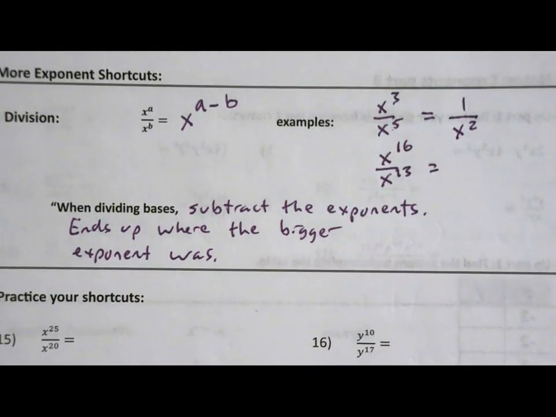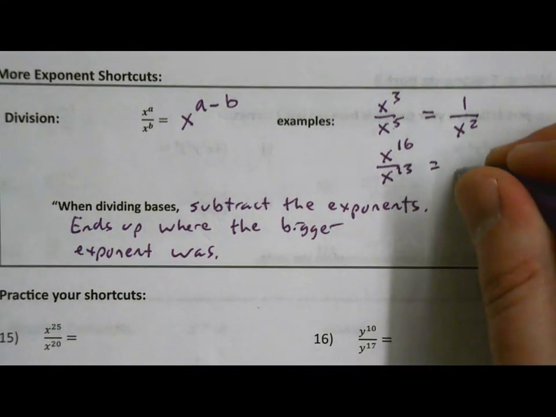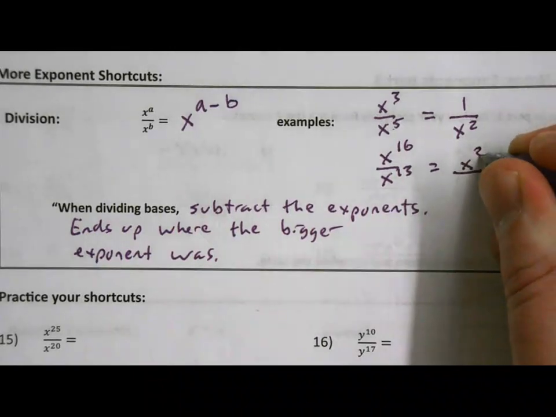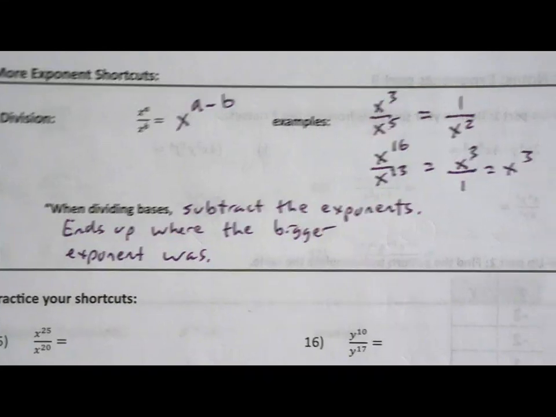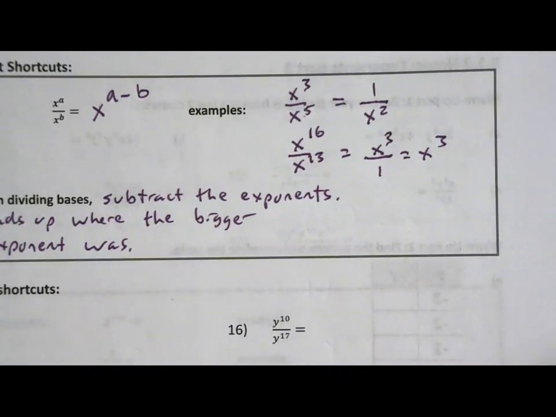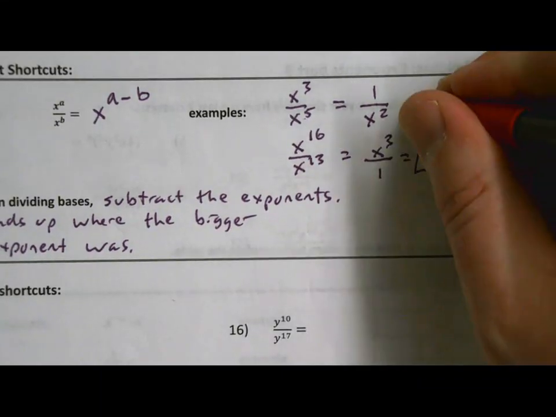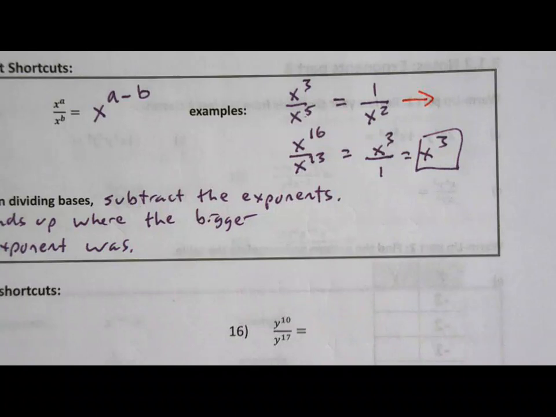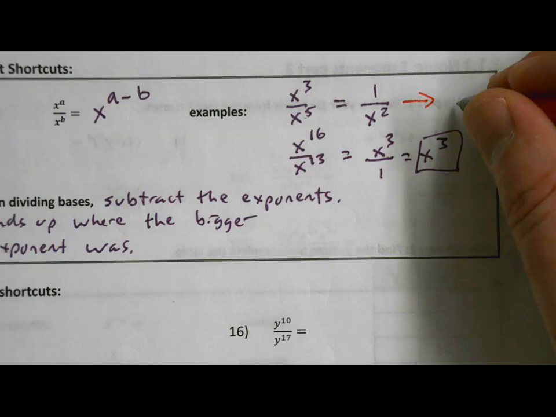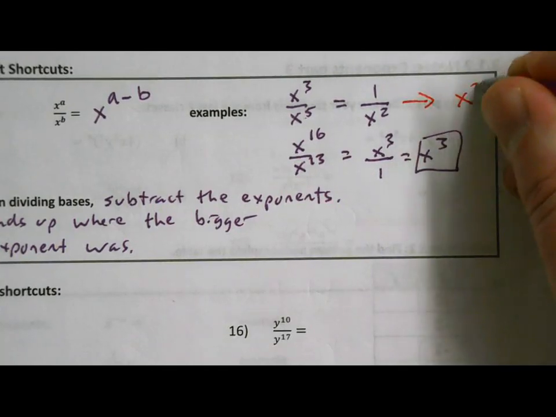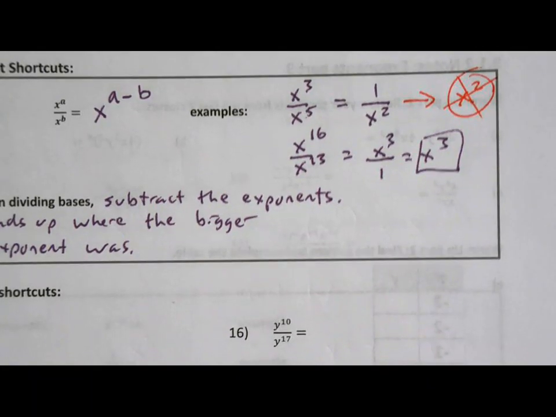We can subtract those pretty easily. 16 minus 13 is 3, but this time those leftovers are going to go on the top. You know what might be a good idea on this one? Is to write down what the common mistake is. 1 over x to the second is not the same as x to the second. That is not correct.